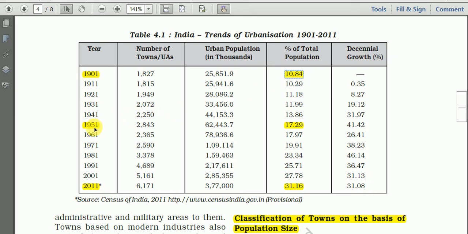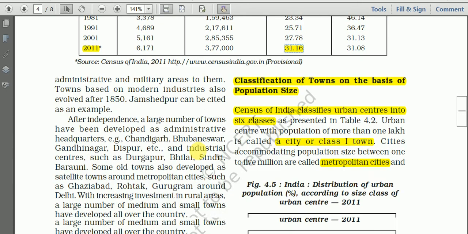Then after independence, in the year 1951, 17.29% lived in urban areas, and again in the year 2011, 31.16% of the total population in India lived in urban areas. So this table tells the trends of urbanization. Other values you may read.